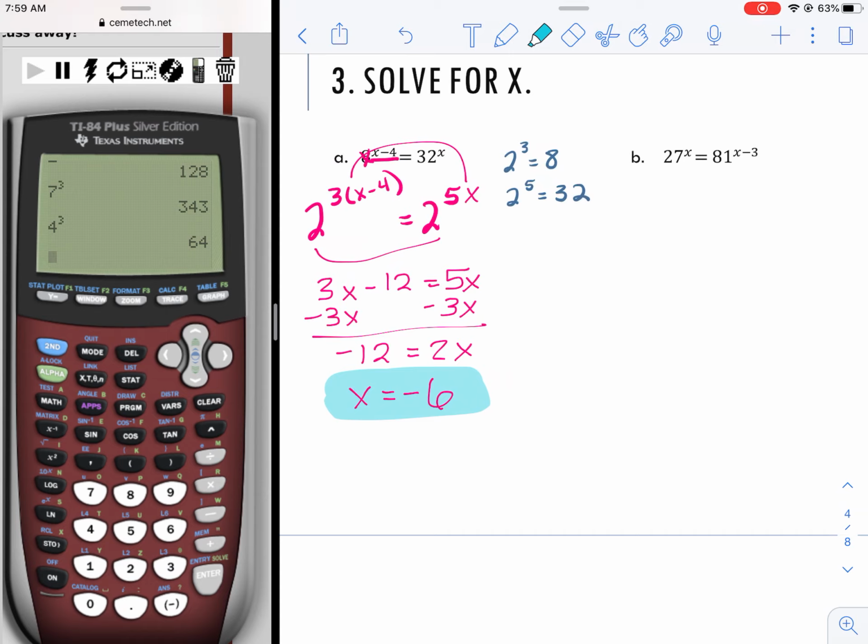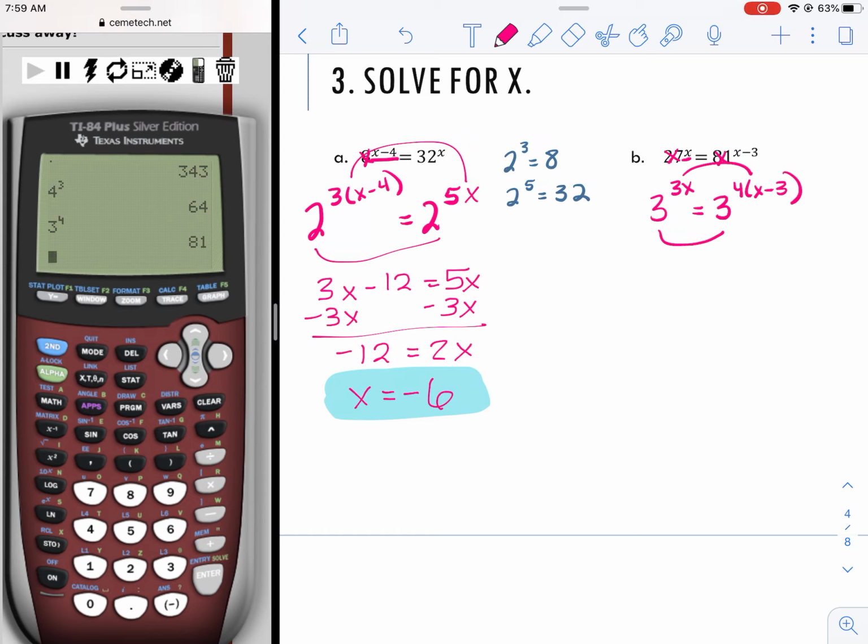Okay, so the next problem, notice that you can write 27 and 81 with a base of 3. 3 to the third power is 27, so I'm going to replace 27 with 3 to the third, and then multiply the 3 by the x that's already there. If we use our calculator, 3 to the fourth equals 81, so I'm going to replace 81 with 3 to the fourth, and then multiply the 4 by the x minus 3 that's already there.